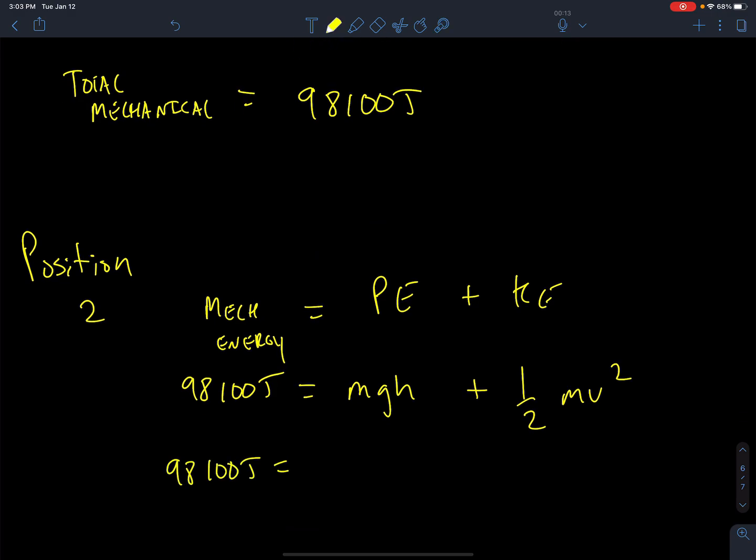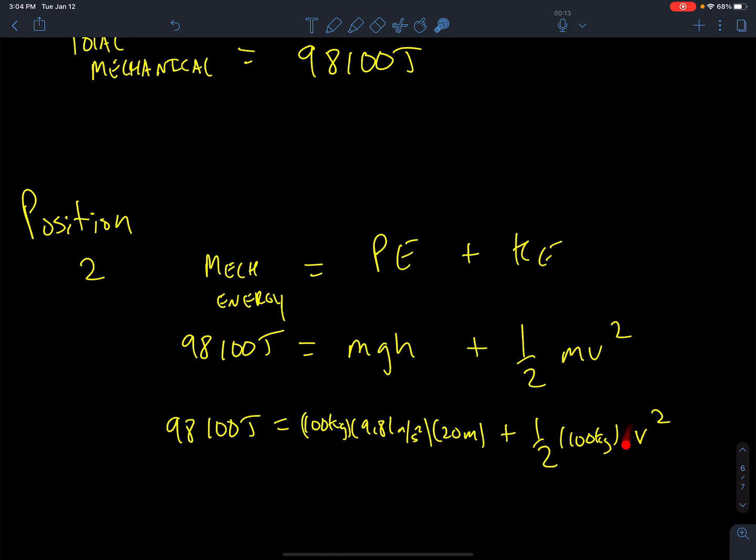So 98,100 joules is equal to 100 kilograms times 9.81 times 20 meters. So that's the potential energy at 20 meters, plus 1/2 times 100 kilograms times V squared. With this setup, I'd be able to isolate V and calculate it.